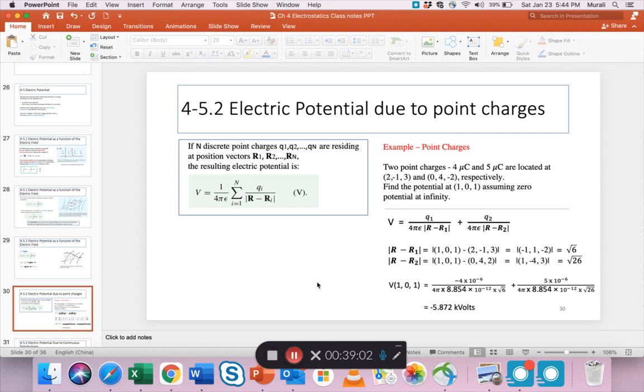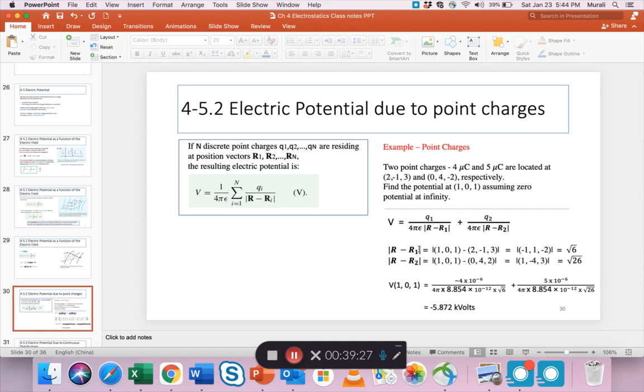So our reference point is always infinity. There it's 0. Once we have that, then we can use this formula, right? And so you'll see how, when there's only 2 Q's, Q1 and Q2, how to apply the formula and how to find the magnitudes that are required for the denominator, which is the difference of the 2 vectors.